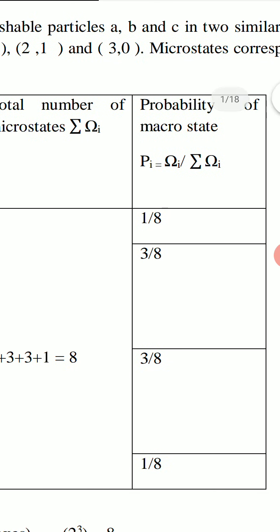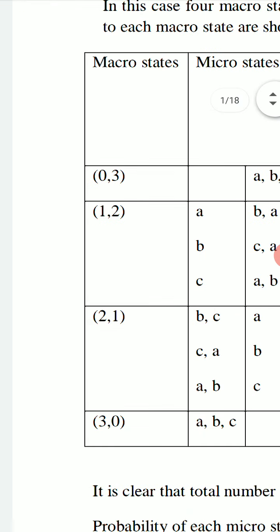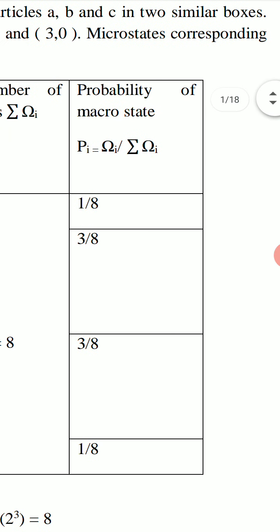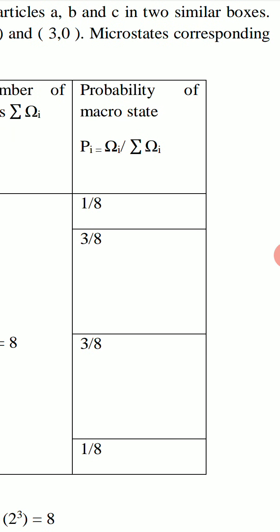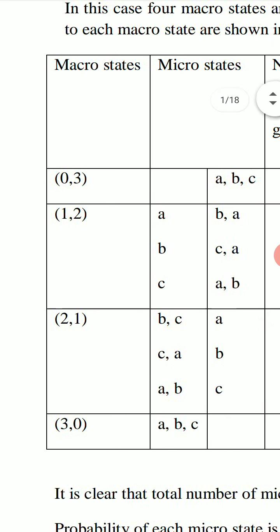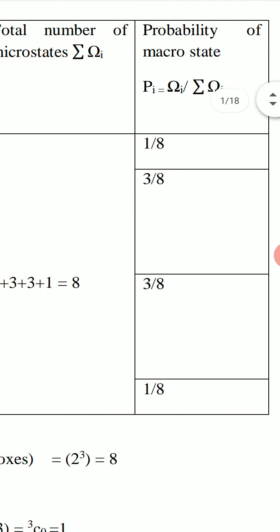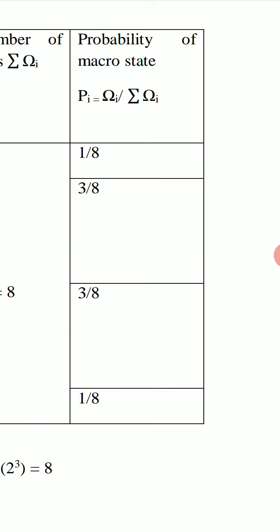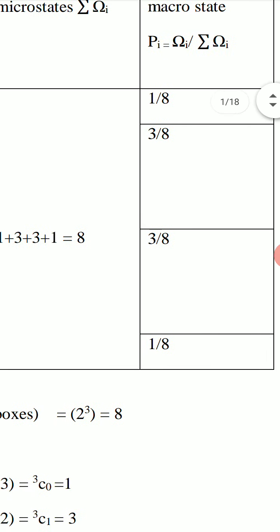So for first macrostate 0, 3, the probability Pi is 1 upon 8. For second macrostate 1, 2 and third macrostate 2, 1, we have probability 3 by 8 for both macrostates.